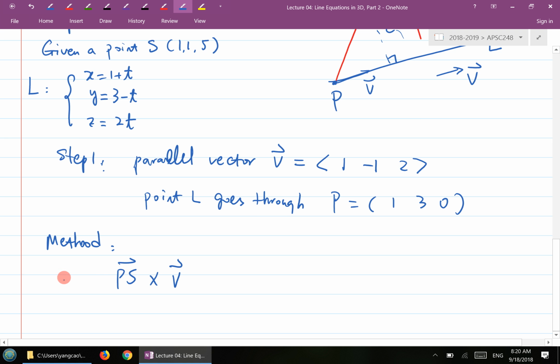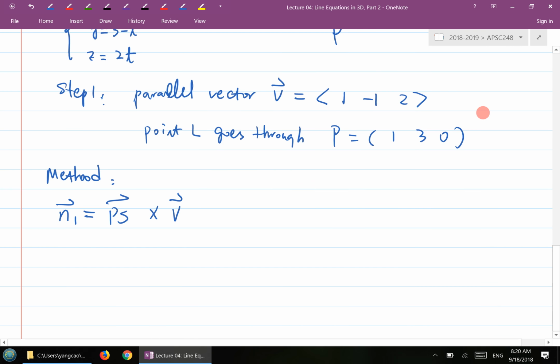Let's call it maybe n1. Let's call it temporary vector, call it v1. So you have PS, V, and PS here, and it's hard to visualize, but you got n here. I'll just write down V cross PS to make my drawing a little bit easier.